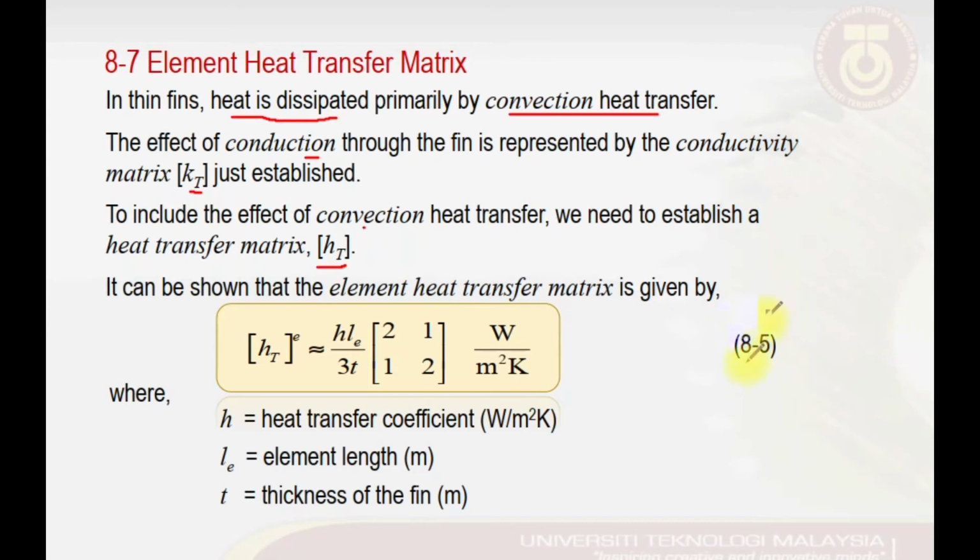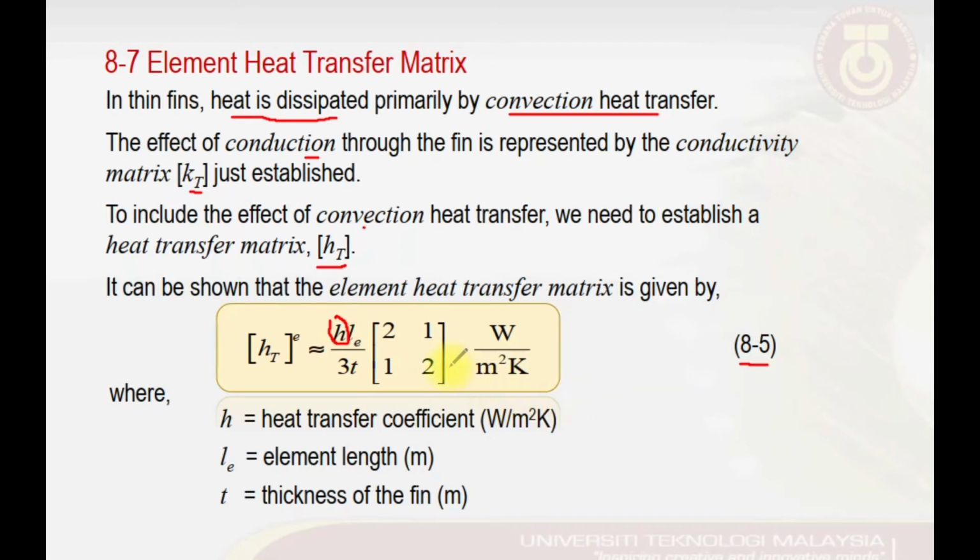As we can see here in equation 8.5, HT is given by hL over 3, multiplied by this 2 by 2 square matrix of 2112, where the material property in terms of the heat transfer coefficient is included in what we call the element heat transfer matrix.